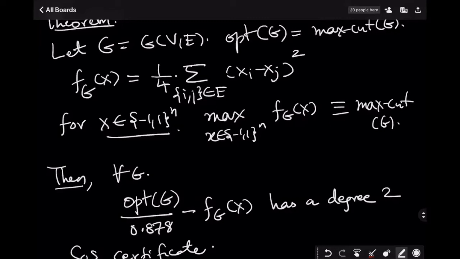We're going to show instead that if you increase this opt(G) number by a 1 over 0.878 factor, then this relaxation of the max cut upper bound does have an SOS certificate. And in fact, a certificate of just degree 2. Okay, any questions about this?